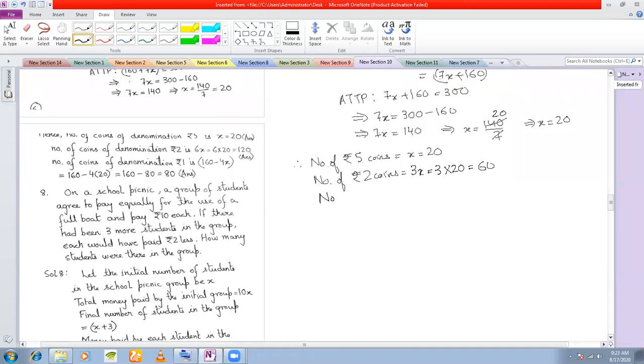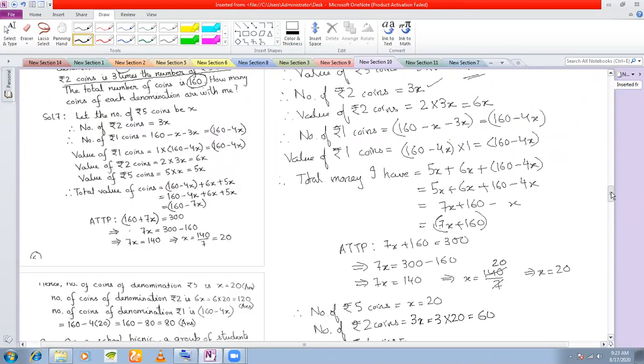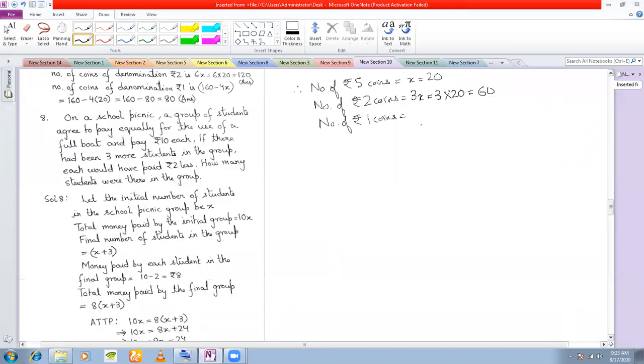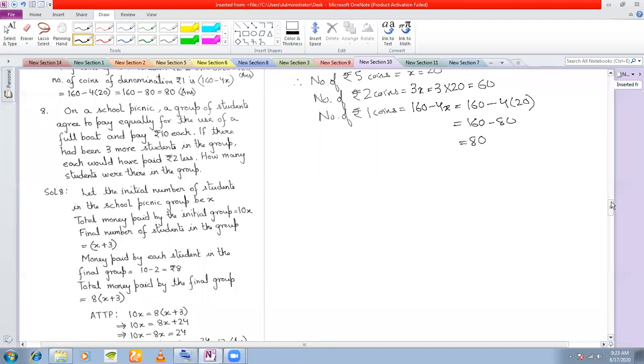And the number of rupee 1 coins is 160 minus 4x, so 160 minus 4 into 20, which is 160 minus 80, which is 80. That is what you had to find out: how many coins of each denomination I have. You have found it out.